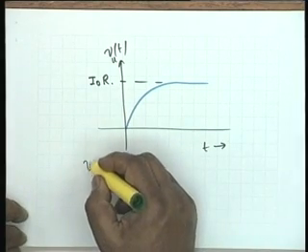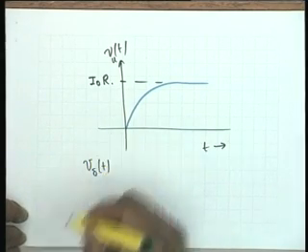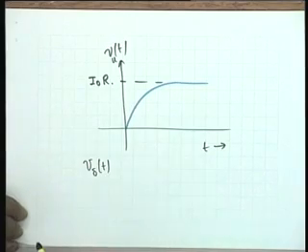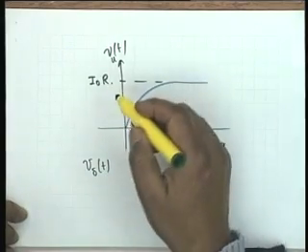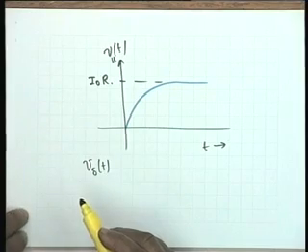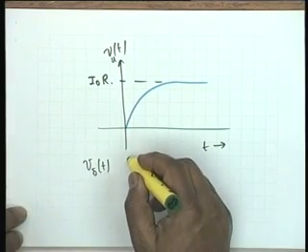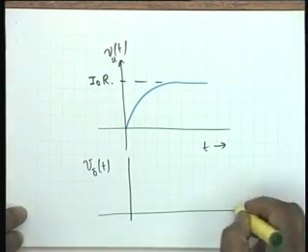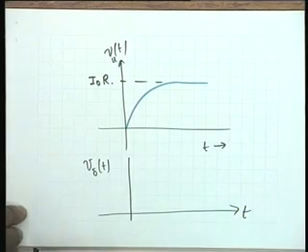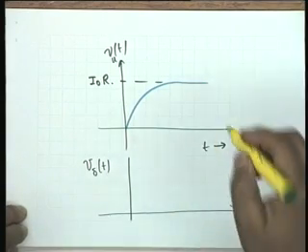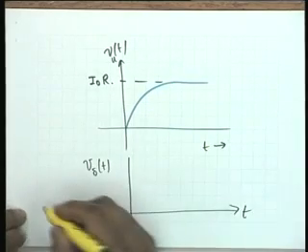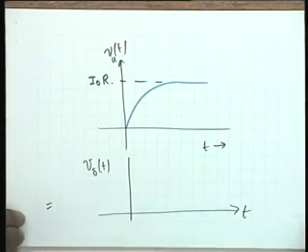Suppose I want v delta(t), then I can differentiate this. I can differentiate v u(t) and find v delta(t). As I said, you can either differentiate or go back to the Laplace domain if you so desire.